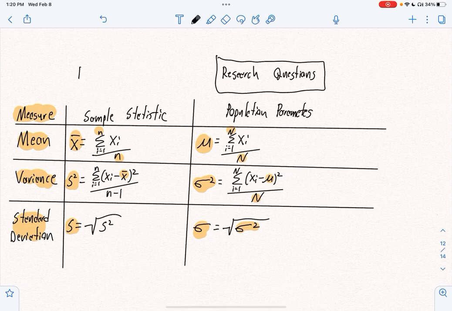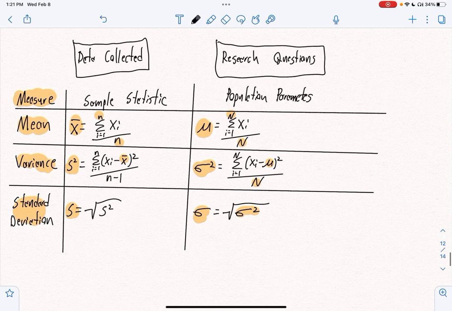So our sample is our actual data collected. So this is generally how research is done. We develop some sort of question, we go out and we collect a sample of data, and we calculate sample statistics, and those are our best estimates for the population parameters.